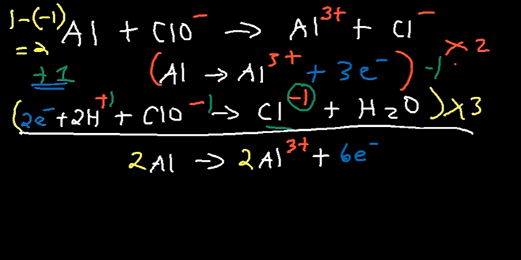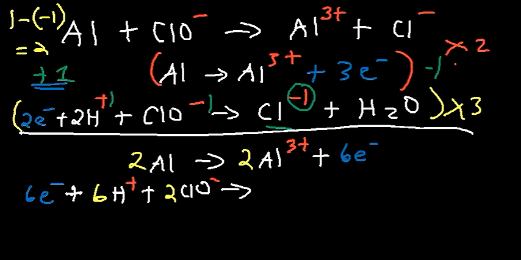Now on the bottom we have 6 electrons plus 6 H plus ions, we have 2 hypochlorite ions, and we have 3 chloride ions and 3 H2O molecules.